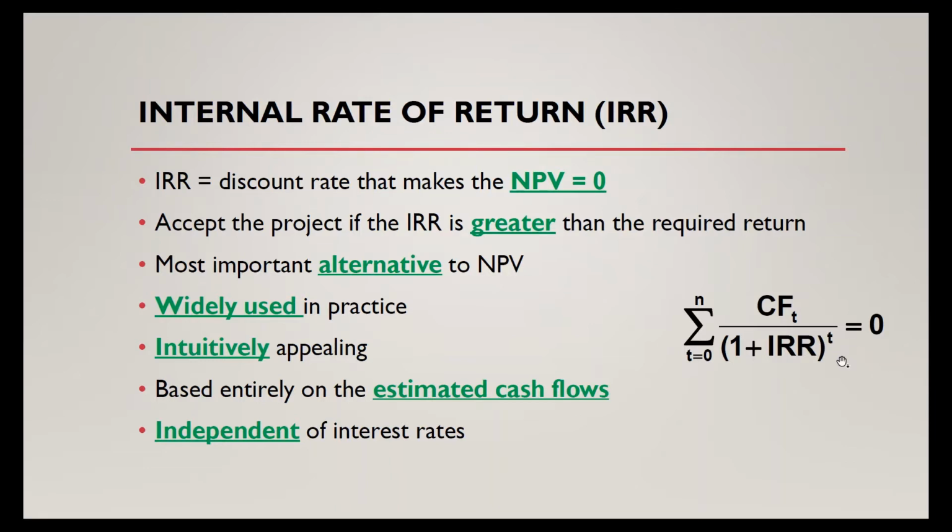In this case, we are going to adjust the IRR so that the answer will equal 0. If we are comparing two or more different projects, then we will choose the one with a higher internal rate of return.